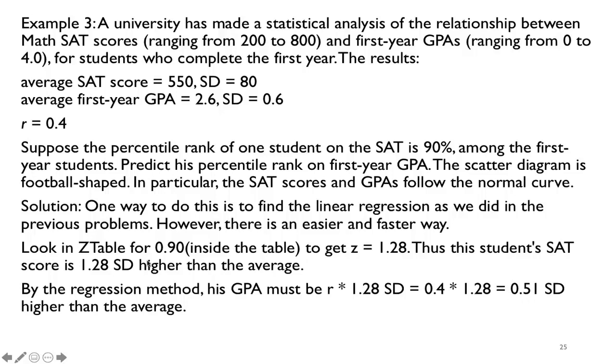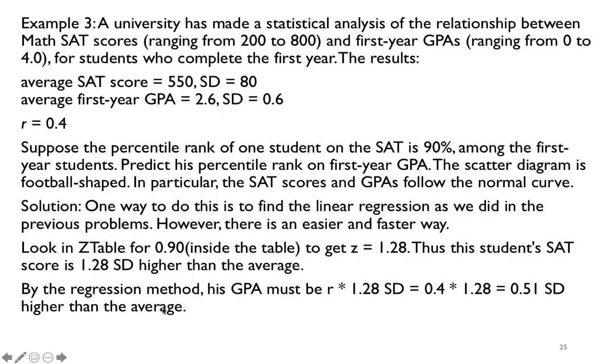Again, if you're on the SD line, given that this student scored 1.28 SD higher than average on the SAT, we would have concluded that their performance on the GPA would also be about 1.28 SD higher. But the regression effect says that their GPA performance is only 1.28 SD times the correlation coefficient higher, which means that in this case their GPA performance is only 0.51 SD higher than the average.